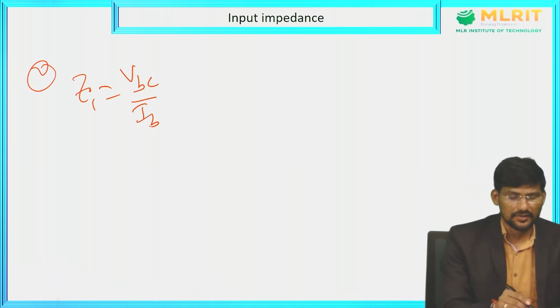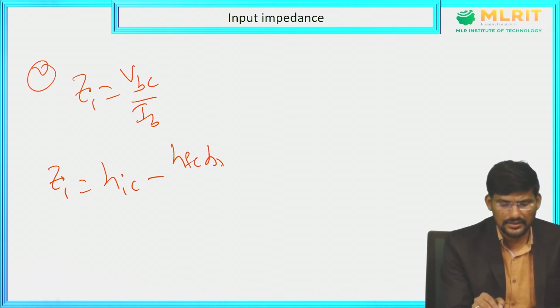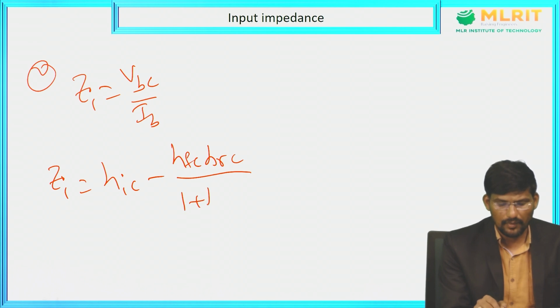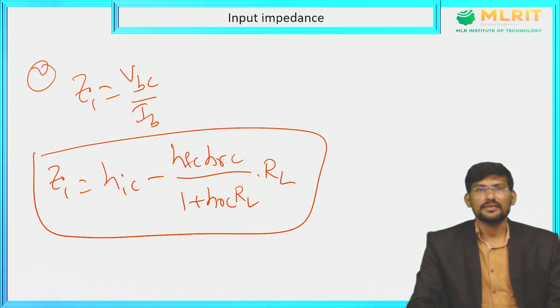The expression for Zi is HIC minus HFC HRC divided by 1 plus H0C into RL. This is the expression for input impedance. This derivation we have also done for the input impedance of a general amplifier, and it is equally valid for each and every configuration.